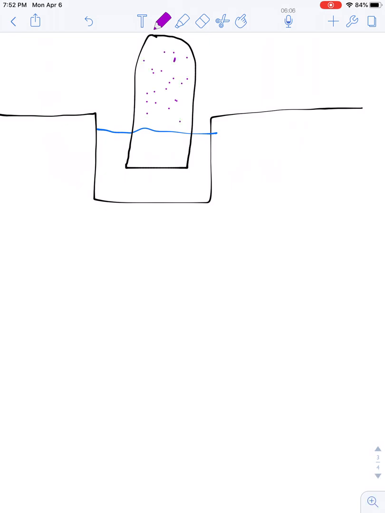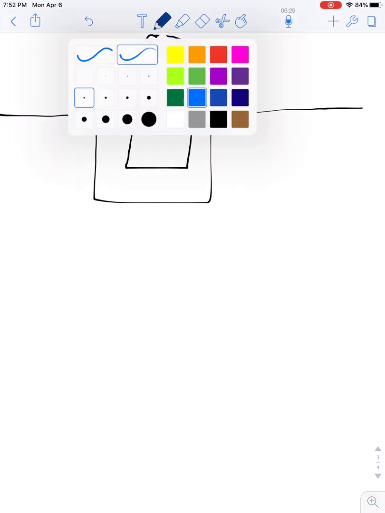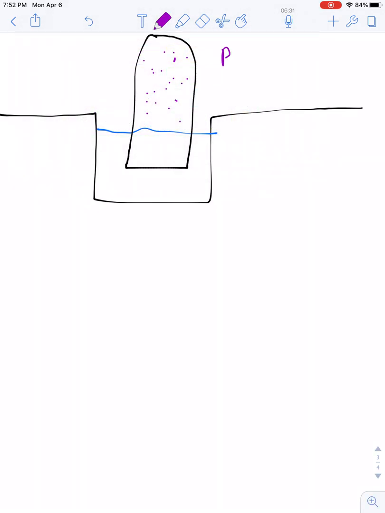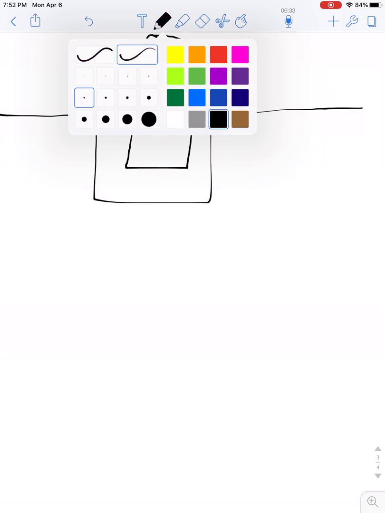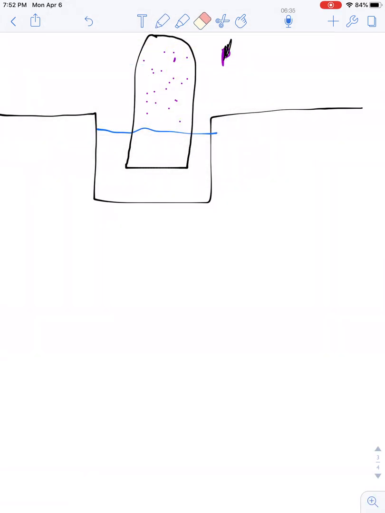So the water vapor takes up some volume. So what I want to do is remove the water vapor so that only my gas is left. Now we have to do that mathematically. We can't actually do that in reality, but we can do it mathematically.